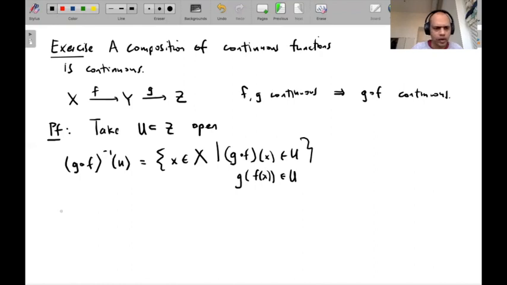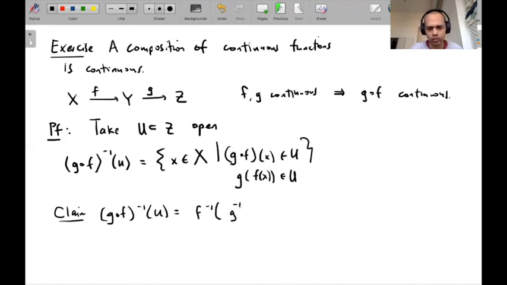So let me write it this way. So the claim is that (G compose F) inverse of U is the preimage of G inverse of U under F.